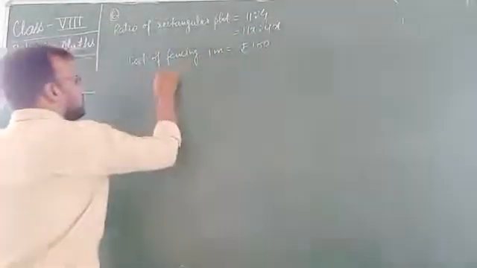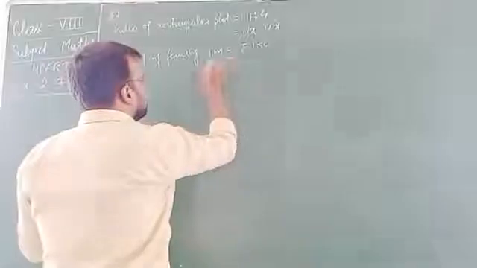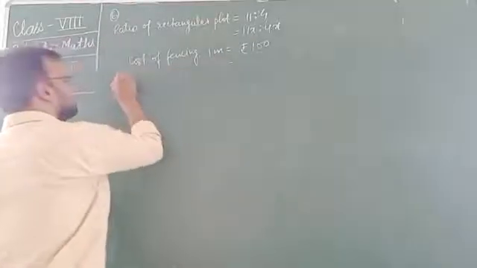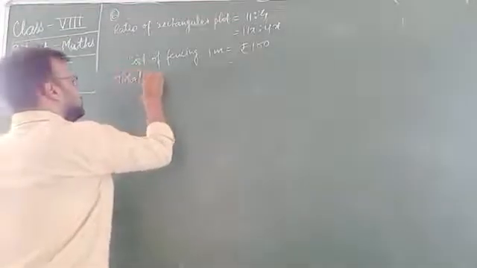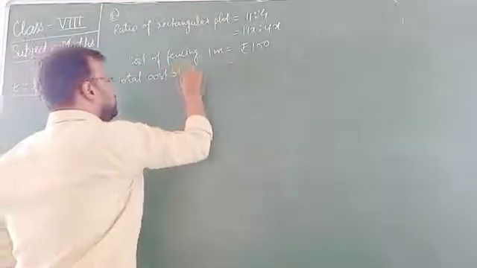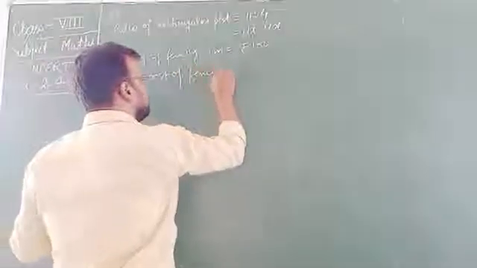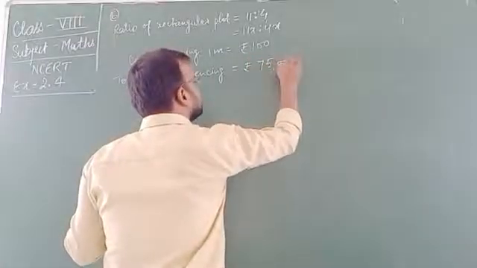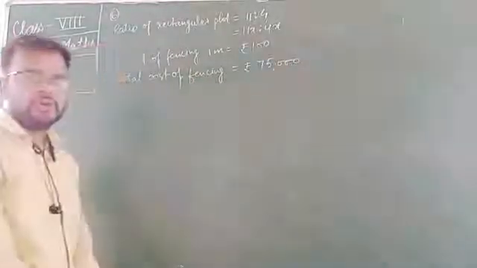So cost of fencing some meters. Okay. Equals total cost. Total cost of fencing equals ₹75,000. It is given 75,000.